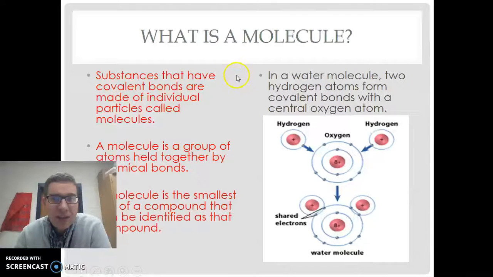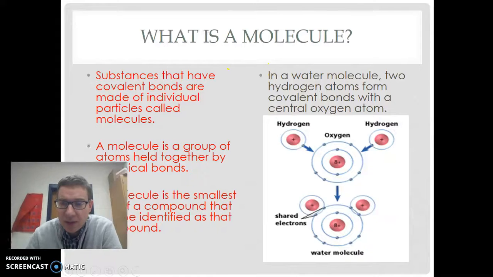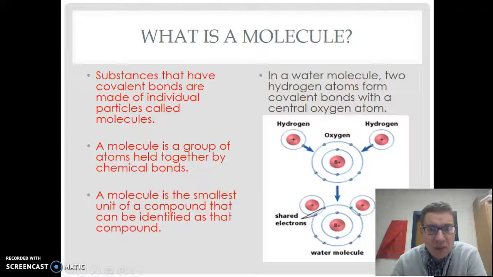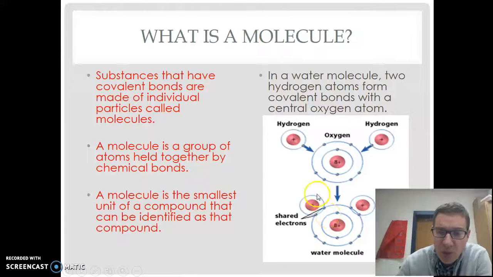Now, what's a molecule? Okay, a molecule is just two or more elements combined, but it's only one. It's the smallest part without breaking it apart. So we can have a molecule of water here, and this is a covalent bond because it's sharing electrons. The hydrogens are sharing electrons with the oxygen. And I can't get any smaller than this because if I did, it'd break apart and it wouldn't be water anymore.